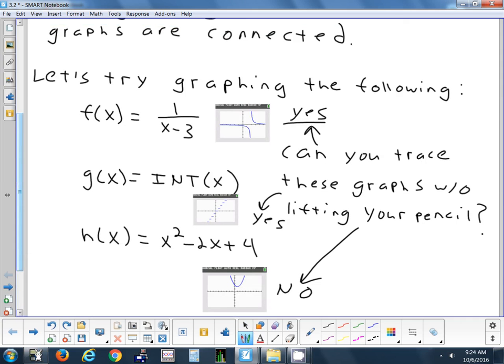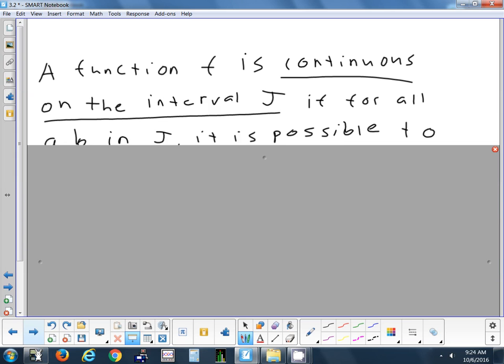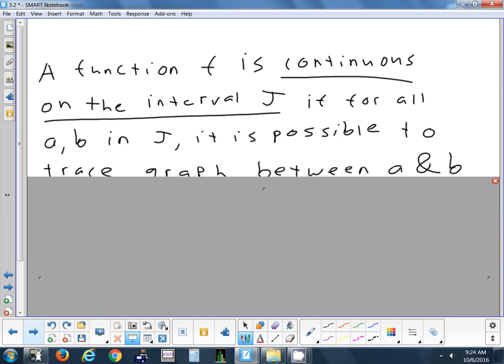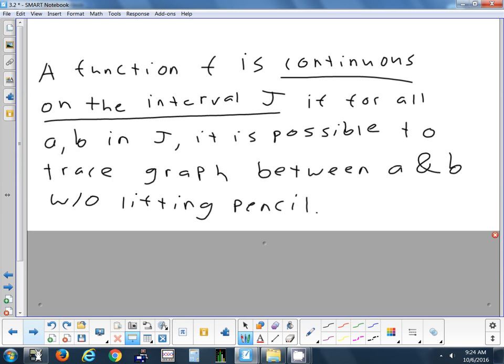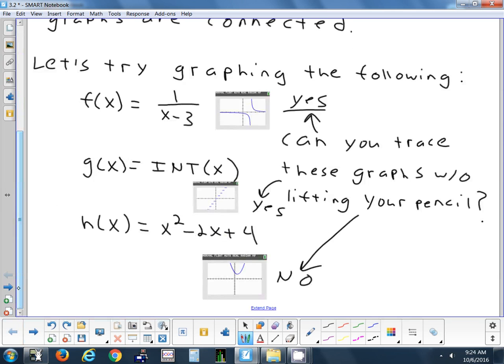So whether or not you have to lift your pencil means something about the graph, which I just explained, and that has to do with continuity. We say that a function is continuous if basically you can trace your pencil between 2 points. So you pick any 2 points on the graph and try to get from one point to the other following the graph.